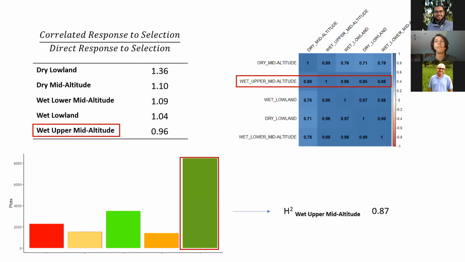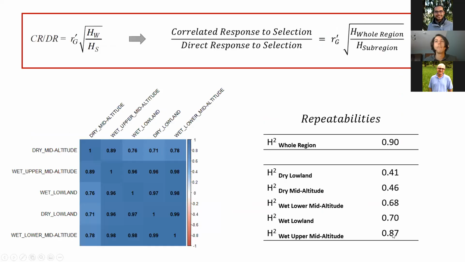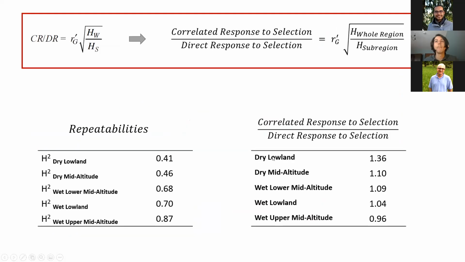Again, within the wet upper mid altitude, there was a huge number of plots conducted. So we have taken a really big sample of plots within this mega environment, and we got a really representative set with a high heritability. Now, taking the other information into account, as you see here, if you compare these 2 heritabilities, would not massively increase the repeatability.